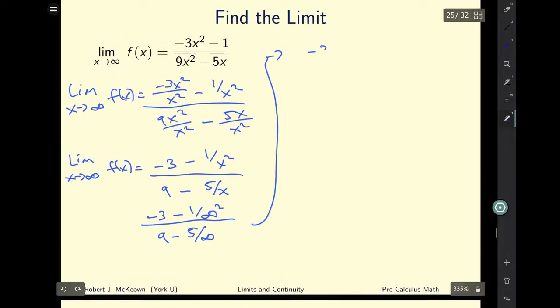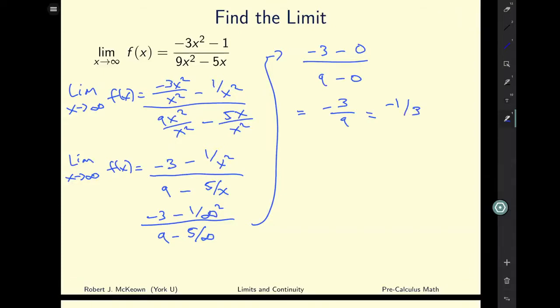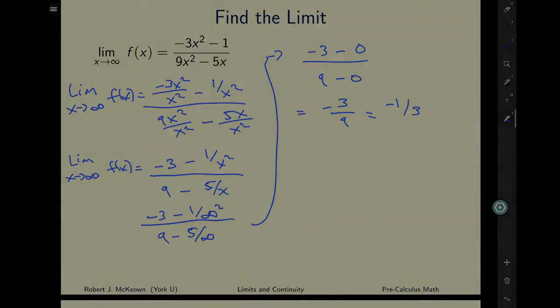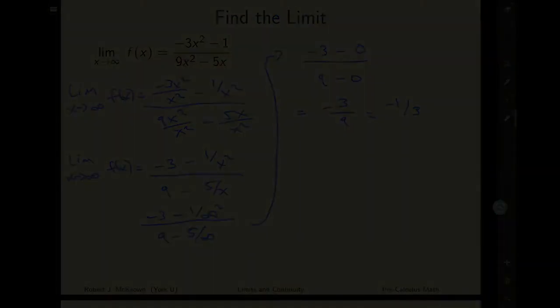We've got negative 3 minus 0 divided by 9 minus 0. We're left with negative 3 over 9, which is equal to negative 1/3. So the limit of this expression as x approaches infinity is equal to negative 1/3.